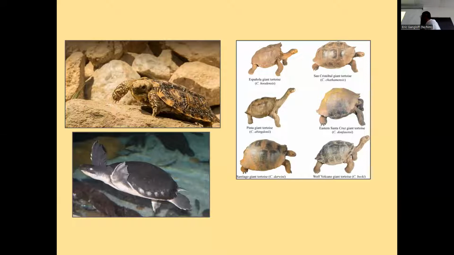And so you see that, for instance, this guy has this little projection on his shell, which sort of prevents him from reaching up. So he really only eats things that are on the ground. Whereas this guy has a very long neck, and his neck is free to be able to reach up a lot higher than he is to get at all of the tasty vegetation up there.